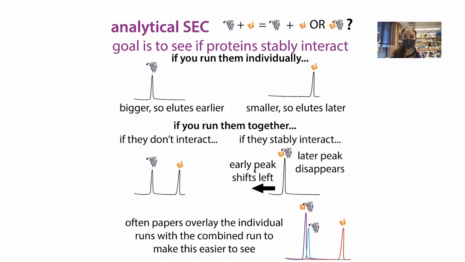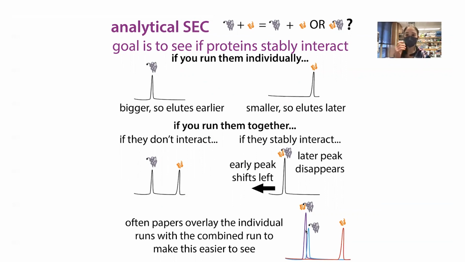A downside of this is that you need your proteins to be really pure, and you typically need a lot of protein in order to get these nice peaks that you can see and do all your controls and various things.